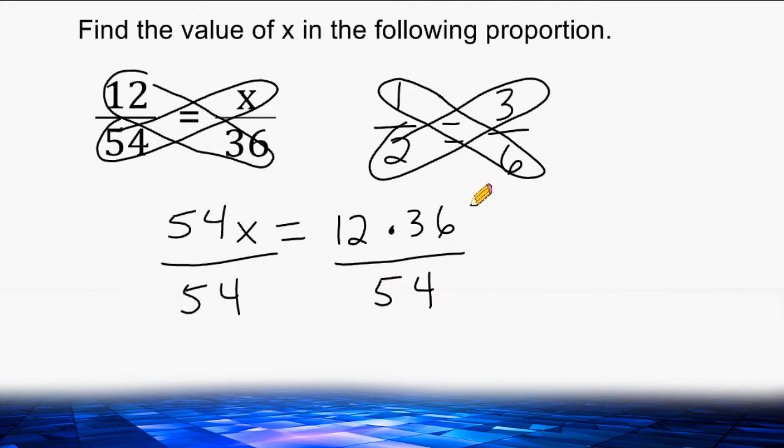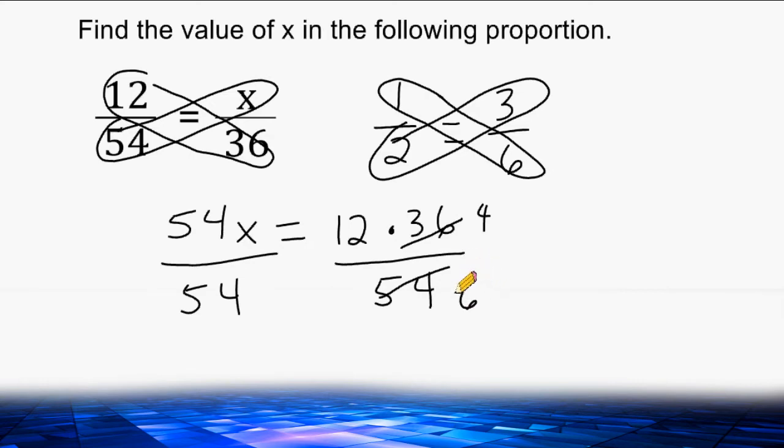Now notice that I did not multiply 12 and 36, and that is because I'm going to take advantage of cancellation here. For example, 36 and 54 have a common factor of 9. So I can say that 9 can be divided into 36 exactly 4 times, and 9 can go into 54 exactly 6 times.